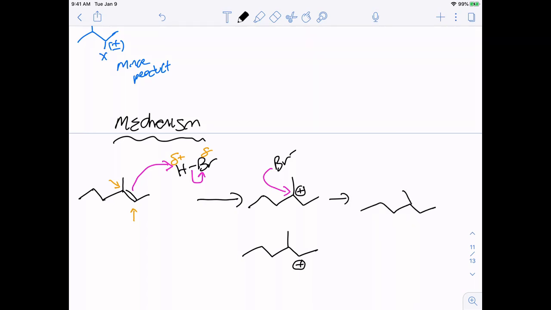So I will draw them this time. I could have it where the methyl group is going out and the bromine's going back, and then I can also have it where the bromine is coming out and the methyl group is going back, right?